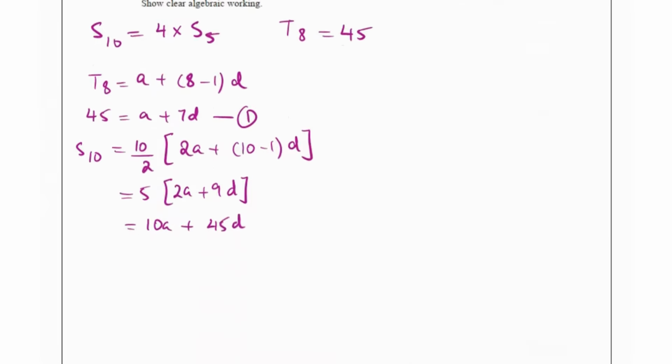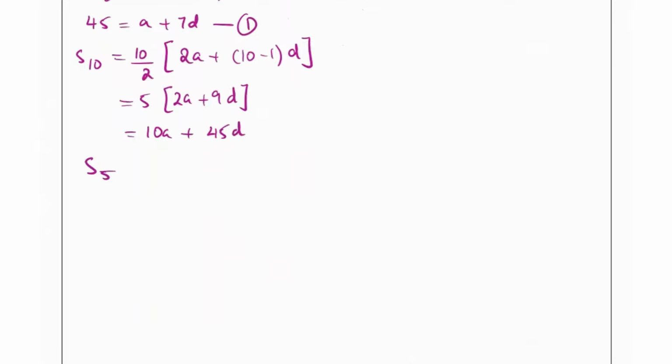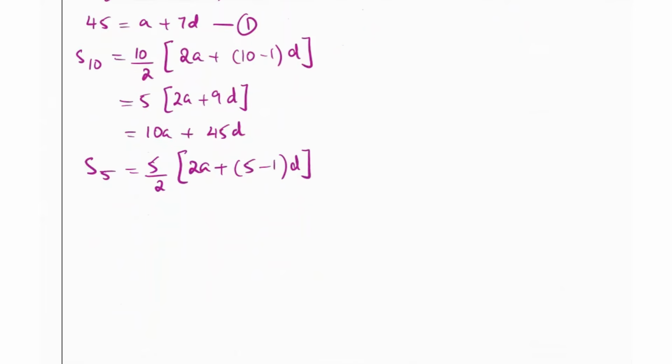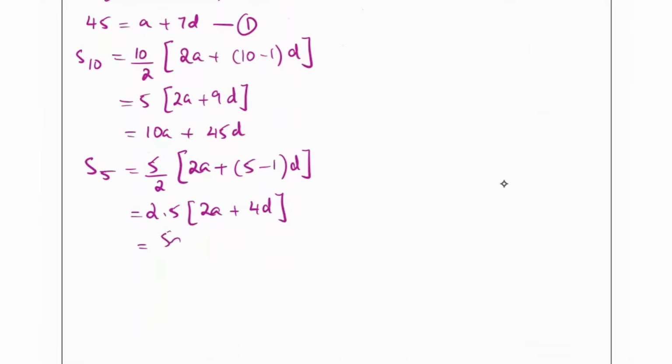Now let's find the sum of the first 5 terms. That's going to be 5 over 2 times 2a plus 5 minus 1 times d. So that's 2.5 times 2a plus 4d. 2.5 times 2 is 5a, and 2.5 times 4 is going to be 10d. Now we use the sum equation to create another one.